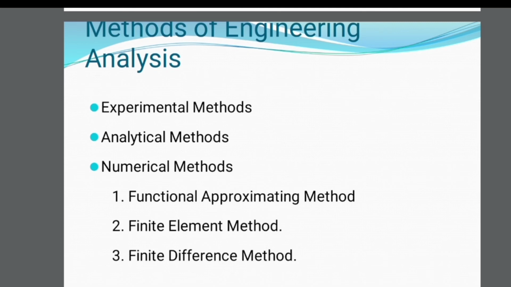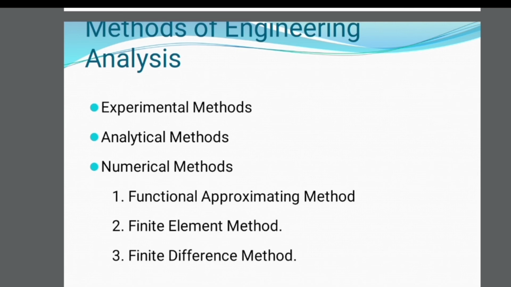Coming to the numerical method, it is mostly suitable for complicated geometry or size, complicated material properties and boundary conditions, where getting a solution using the analytical method is highly difficult.